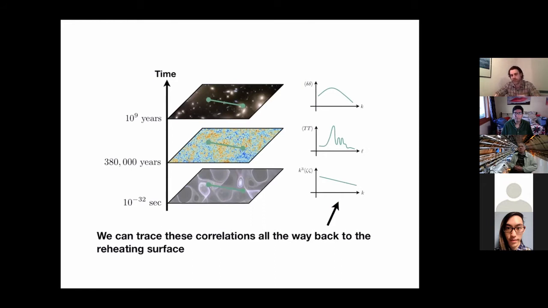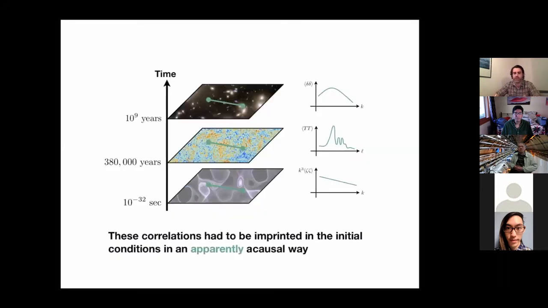A very interesting thing about them is that they appear to have been imprinted in an apparently acausal way, in the sense that points on the sky that have never been in causal contact appear to be correlated. So this is a puzzle of early universe cosmology.